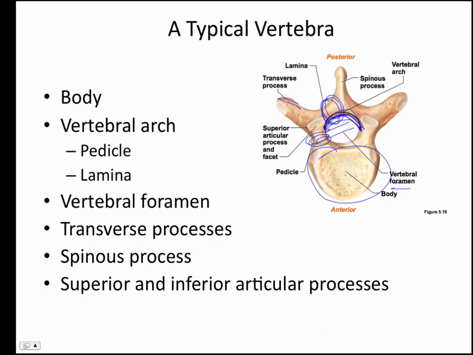Transverse, remember transverse means like side or horizontal. So these are the horizontal lateral processes. Spinous is the most posterior one. So that nice long one that you can feel. Every time you feel your vertebra, that's the one that you feel. And then we have superior and inferior articular processes, and these extensions are the processes that hold the facets in which these vertebrae can stack upon each other.